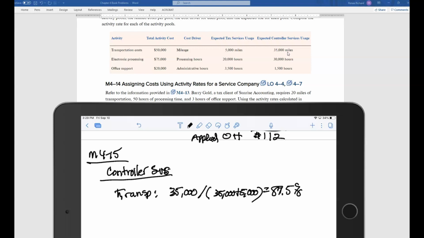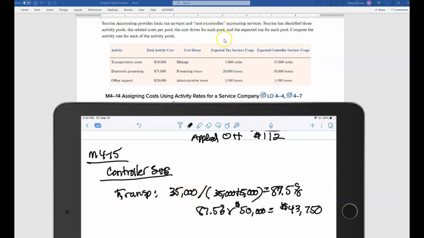Let's do this. So let's say 87.5% times $50,000 equals $43,750. And that makes sense that the controller services would use a lot of transportation because they actually called it rent-a-controller. So the controller has to travel to the client.